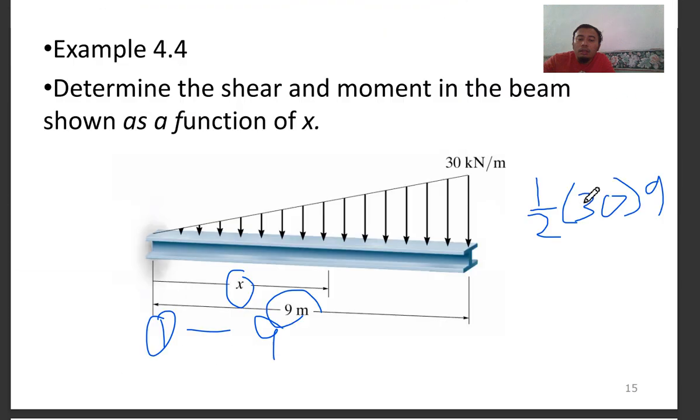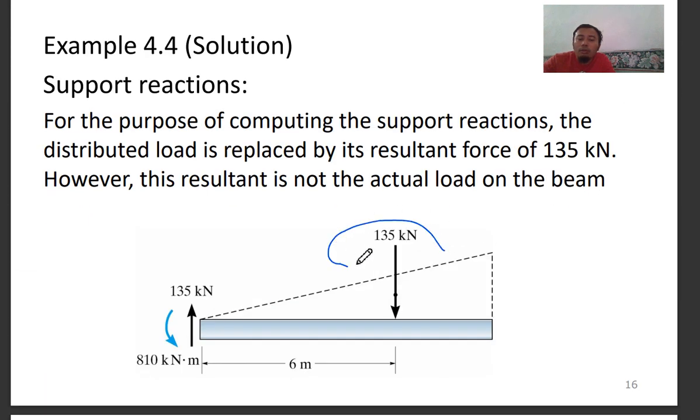So that is the value of the load, and the location will be two-thirds from the low end, or it is located 1/3 from the maximum point. So that is the law for triangular distributed load.